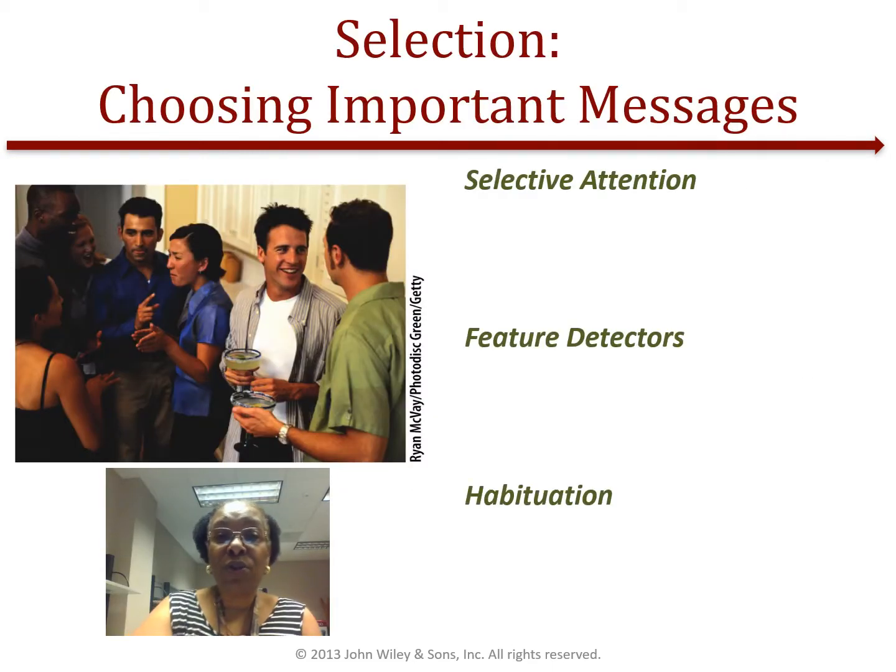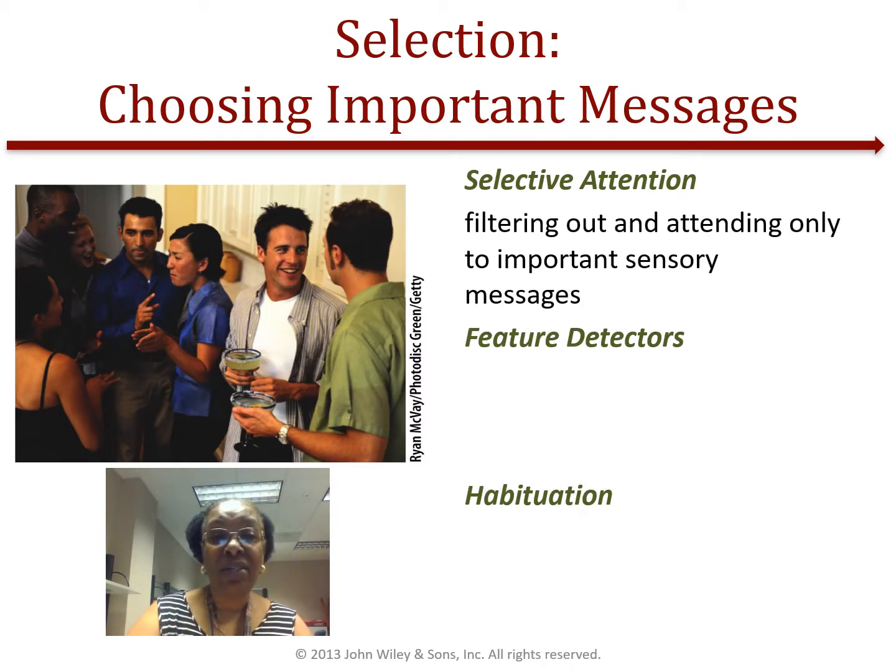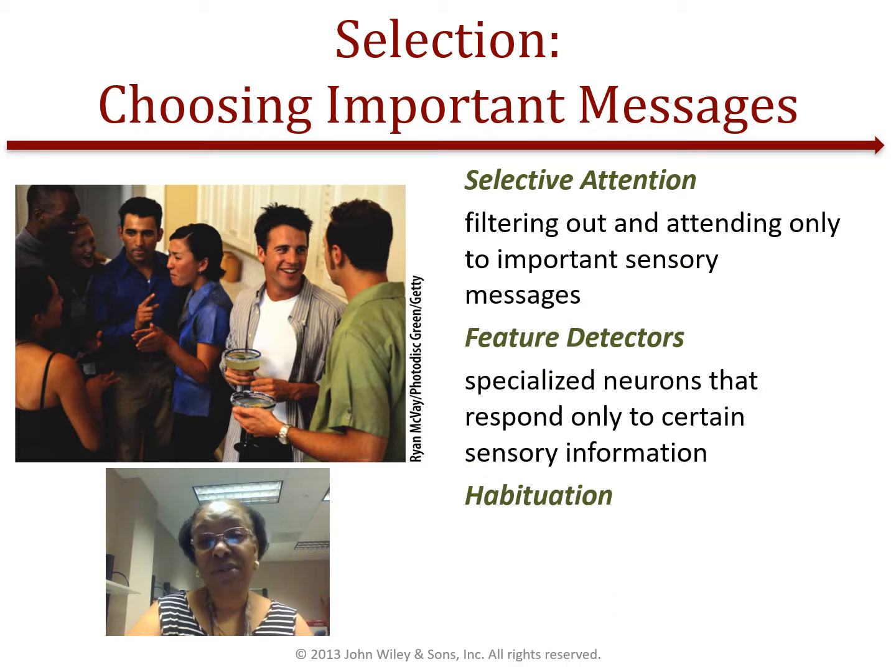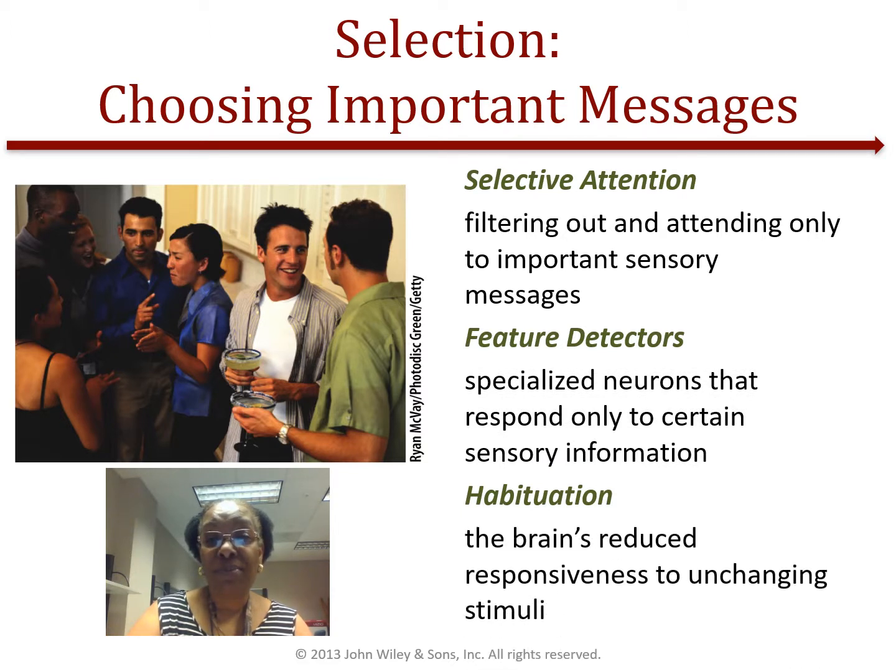Okay, so in almost every situation, we are confronted with more sensory information than we can reasonably pay attention to. There are three major factors that help us focus on some stimuli and ignore others: selective attention, feature detectors, and habituation. There are certain basic mechanisms for perceptual selection built into our brain.